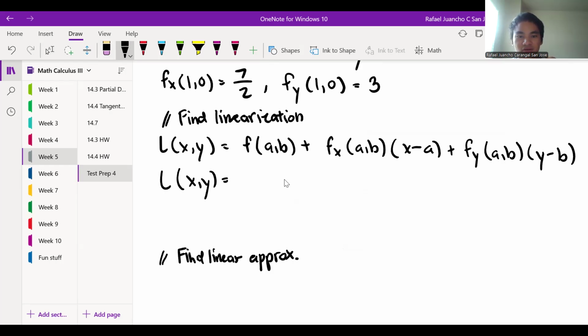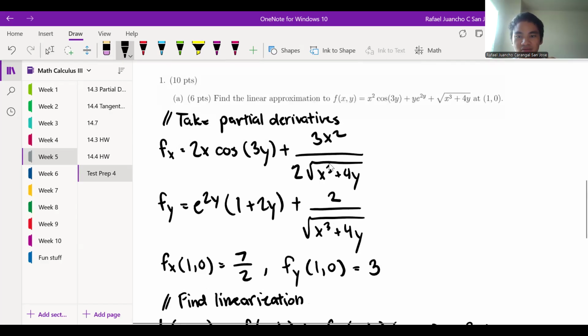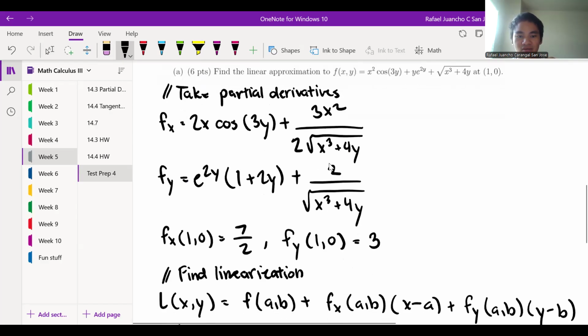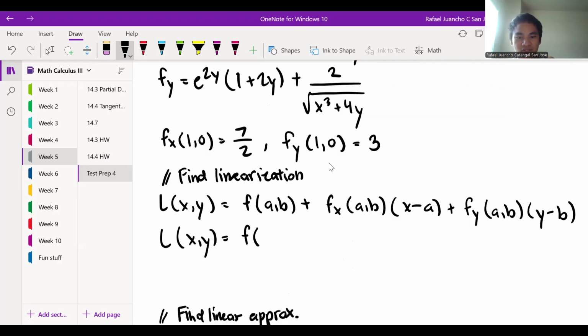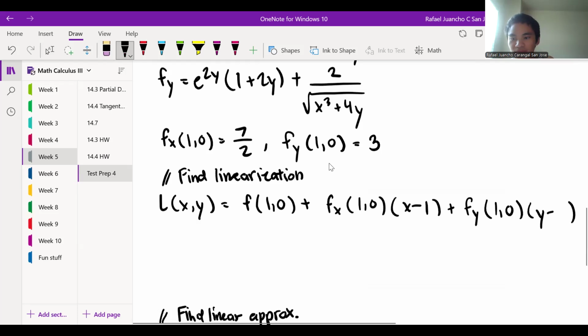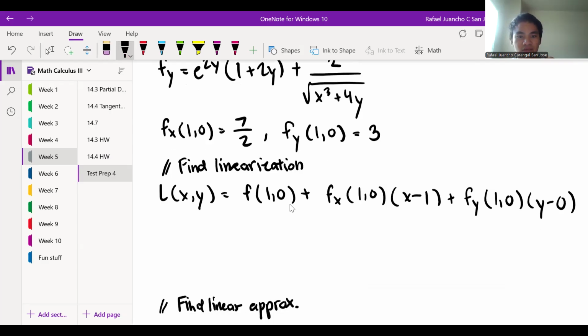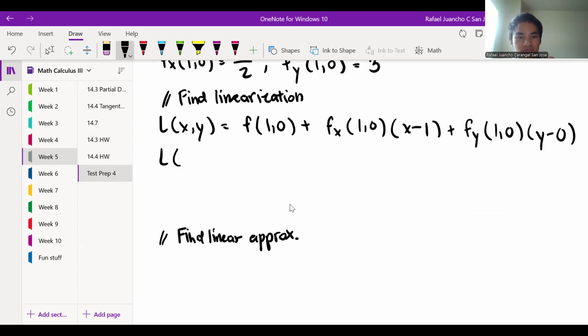So f of AB. So here I plug in my 1, 0. Actually, let me just do that here. And then from there, I can just say, well, what is this now?